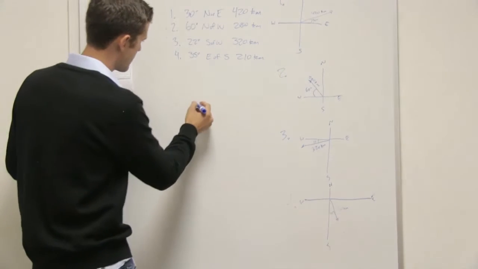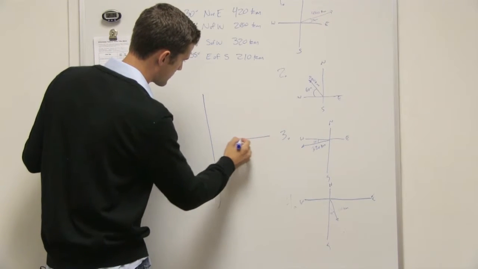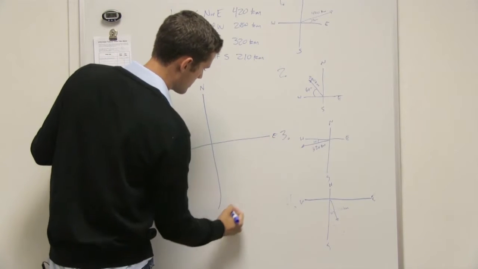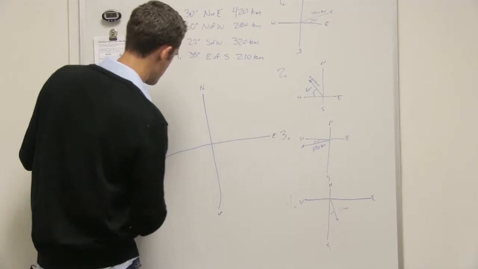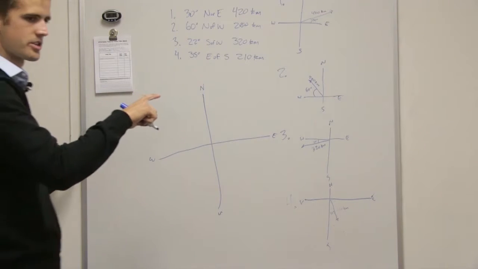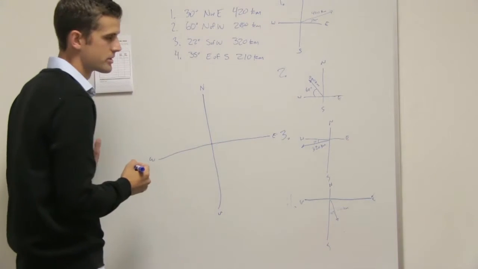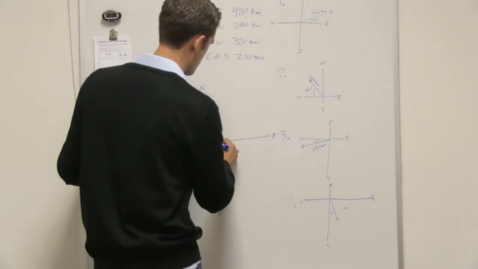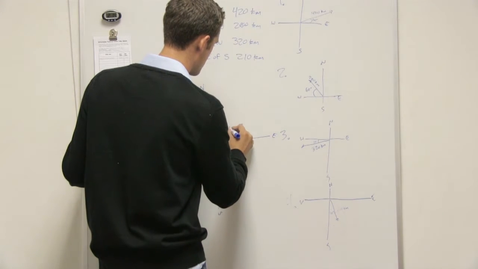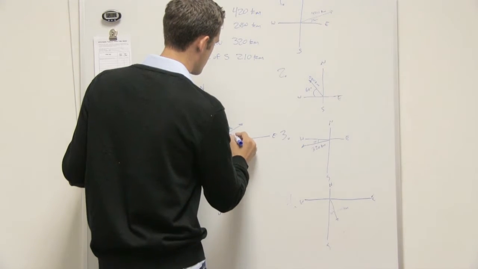So let's make a big graph here. This is sort of what it's asking you to do. North, east, south, and west. Let's put these vectors together with each other. So it starts at the origin. First thing it does is it goes 420 kilometers, 30 degrees north of east.